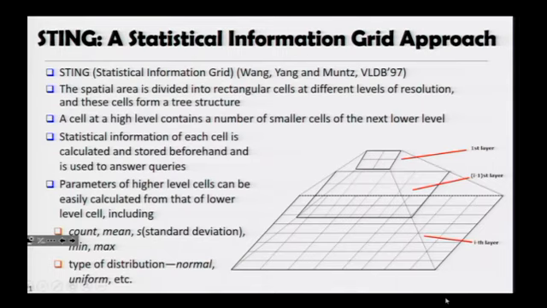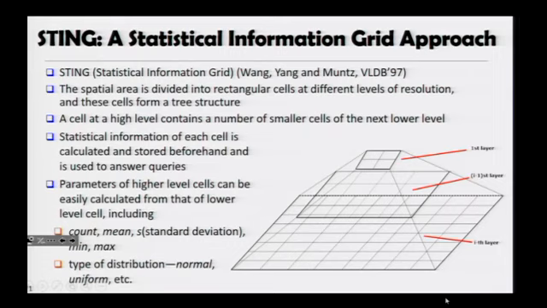Such parameters include the count, which is just the number of objects in the cell. It's easy to see that the number of objects in a bigger cell can be aggregated from the number of objects in its subcells, or children cells.